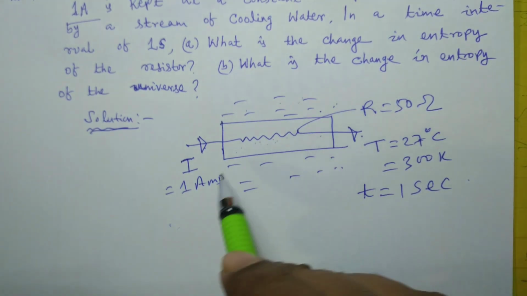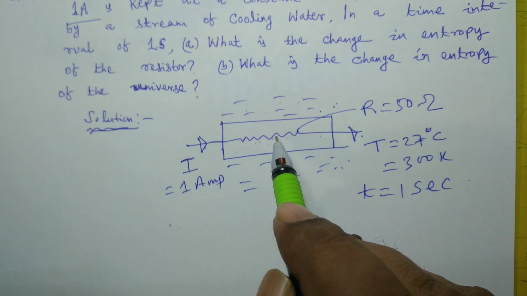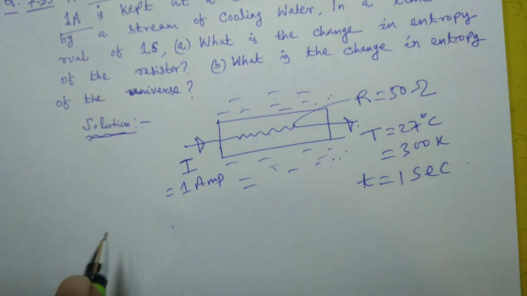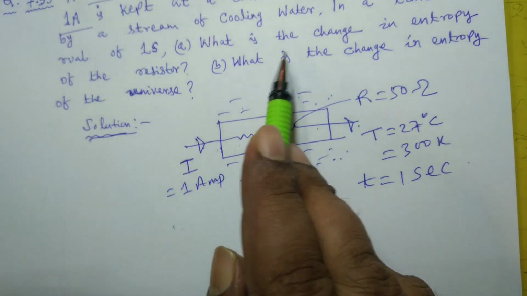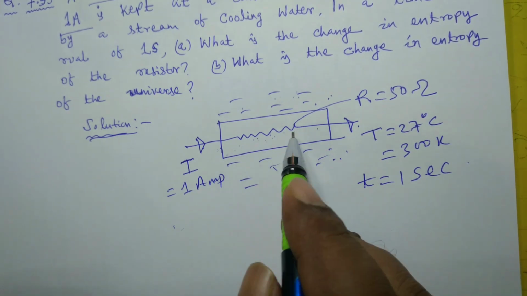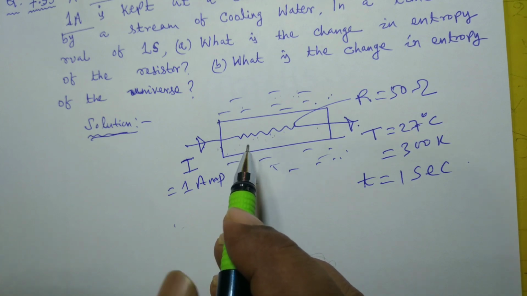So here some cooling water is there. Heat that is produced here goes to this cooling water. Now if you want to calculate the change in entropy of the resistor, this resistor is already in steady state because its temperature doesn't change.